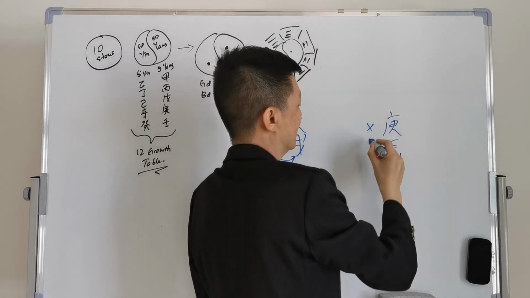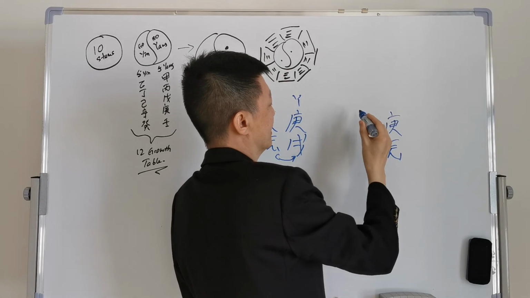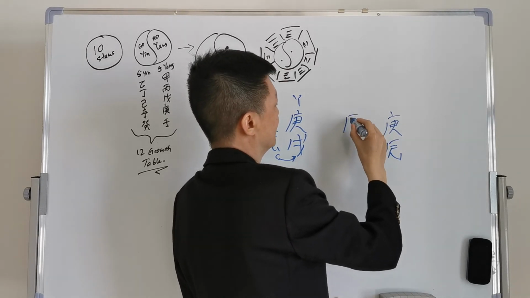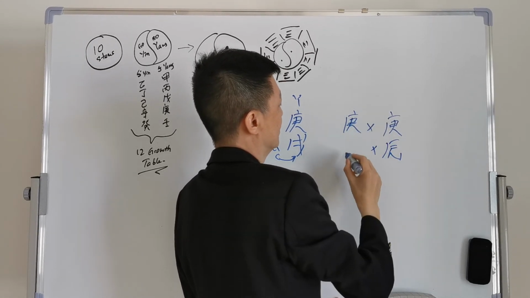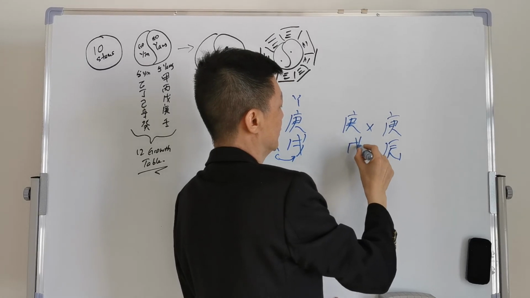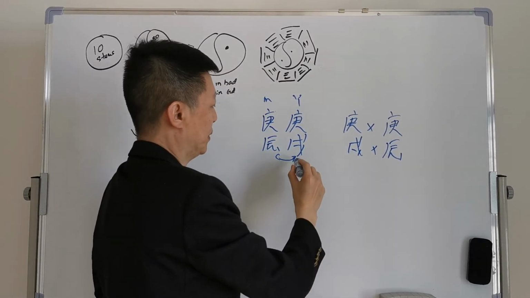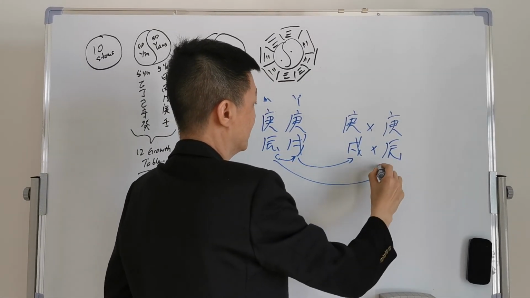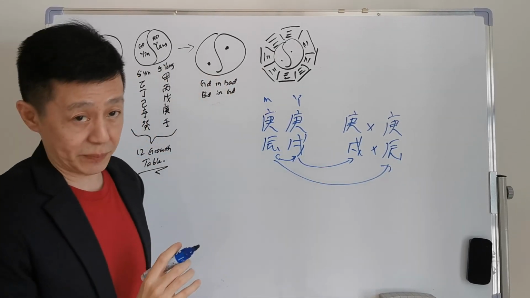Then there's a pillar here, then you separate. Both must appear. Then you use this date to separate.